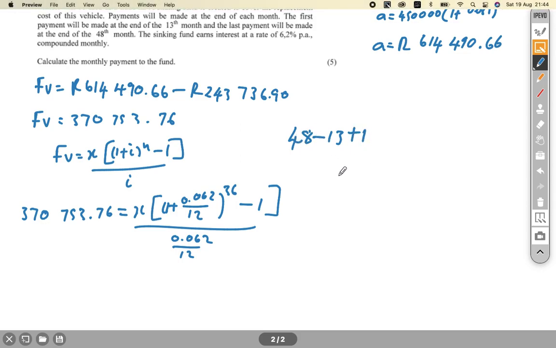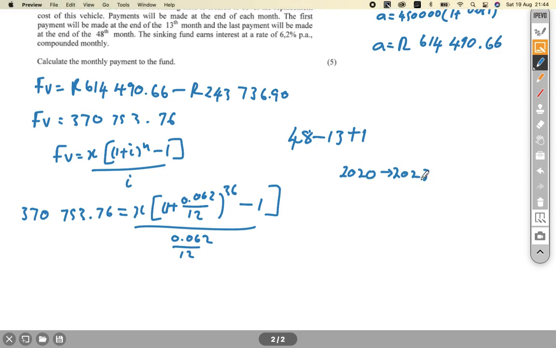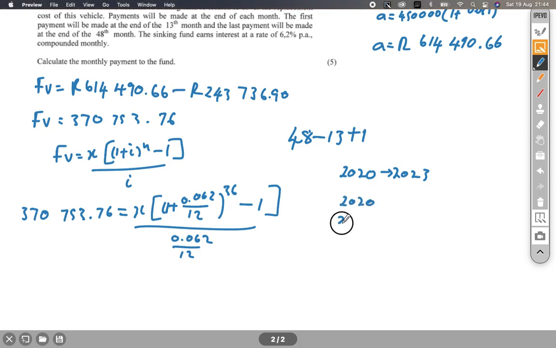Remember, let's say we're counting in years from 2020 to 2023. If someone pays from January 2020 to December 2023, it's going to be 2020, 2021, 2022, 2023.